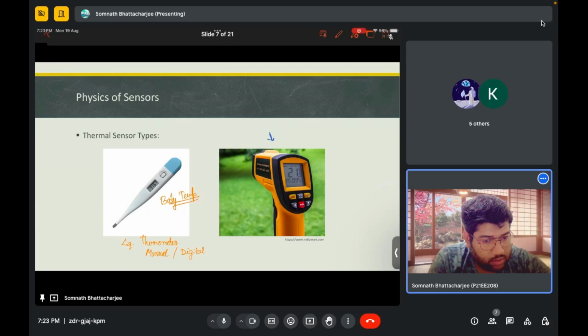In a chemically reactive sensor, there may be some active materials. The active material changes its electrical response, for example a change in resistance, inductance, or capacitance.